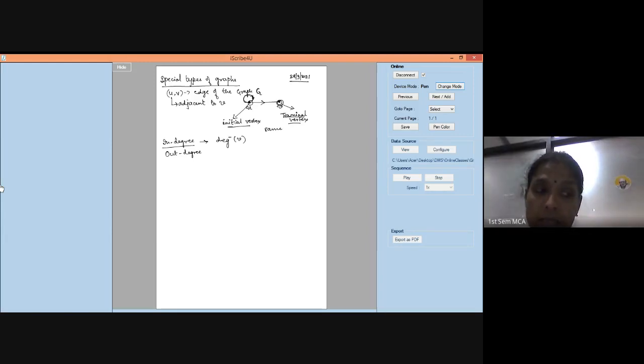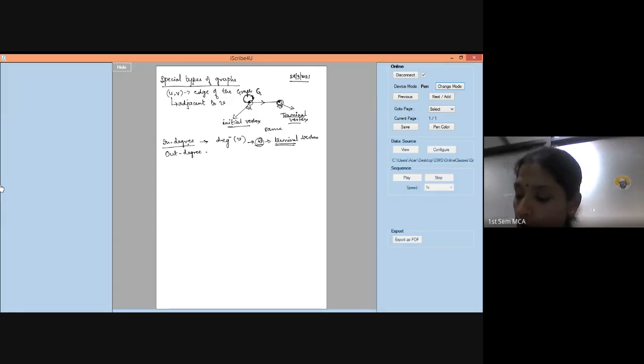In degree is nothing but the number of edges with v as the terminal vertex. That means your edge should end at v. How many such edges are terminating at v? That is called the in degree of v.